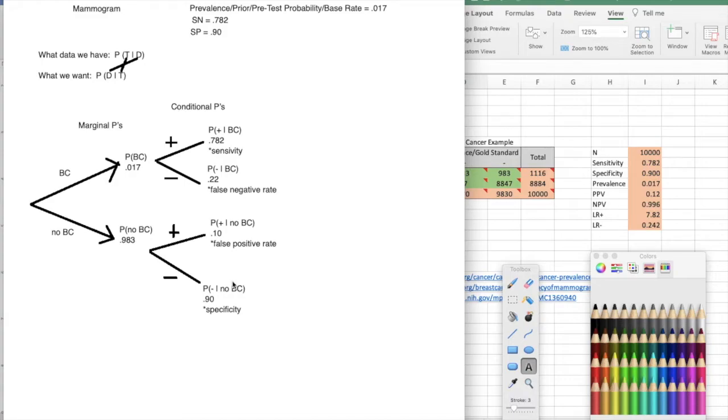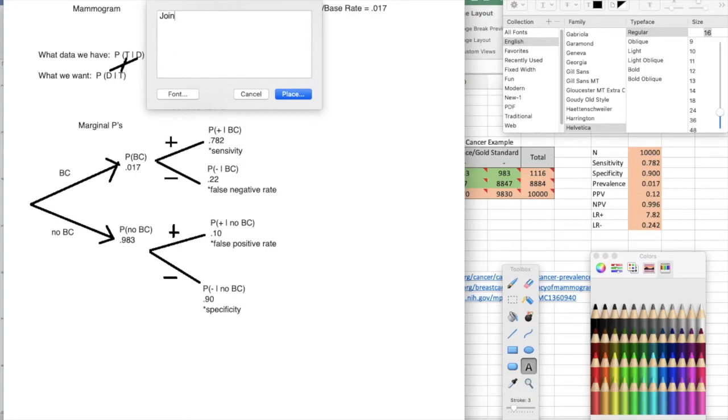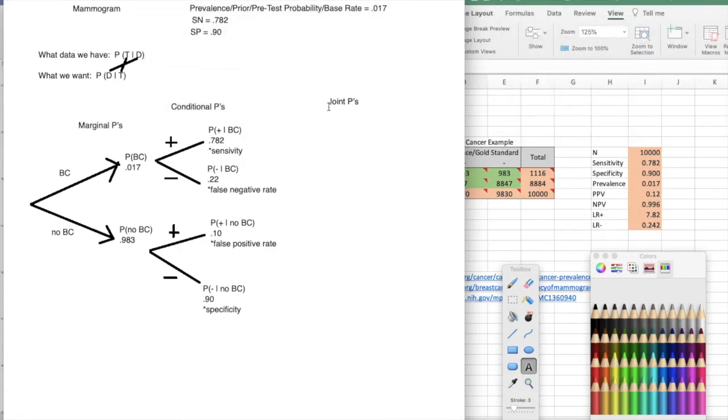Now, this next level is going to be what's called joint probabilities. This is the probabilities of both conditions happening simultaneously.